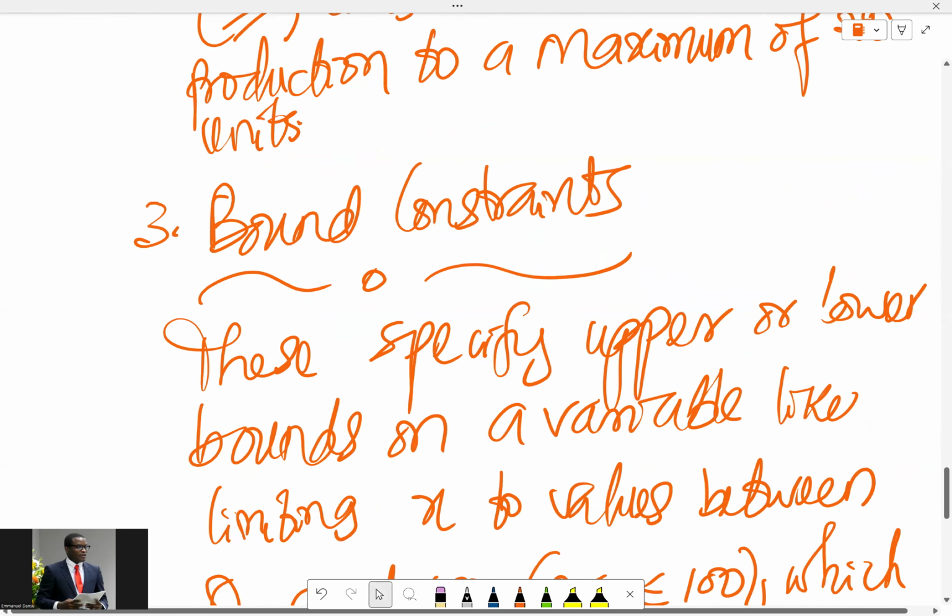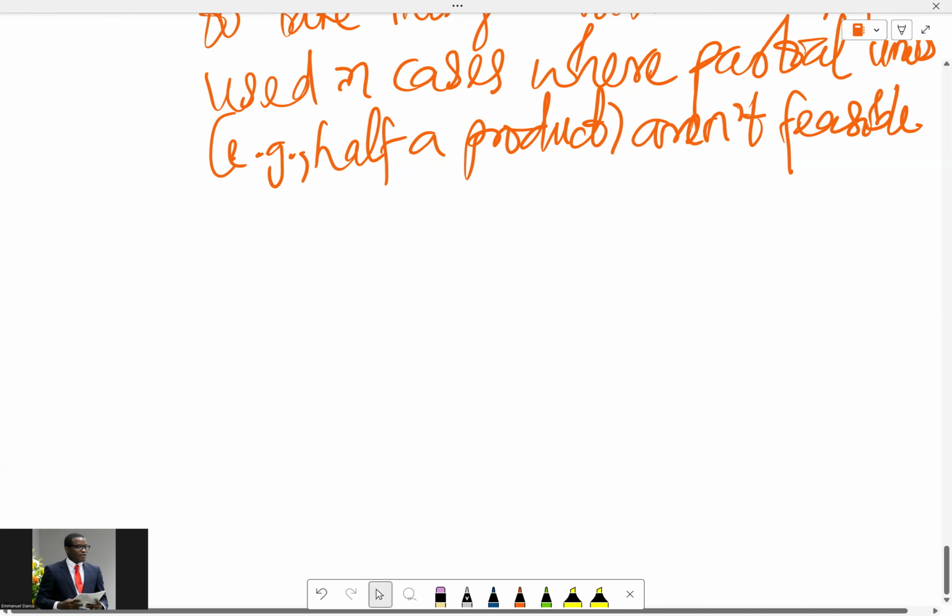Now, let's go on to another terminology in linear programming. So after constraints, we can talk about feasible region.